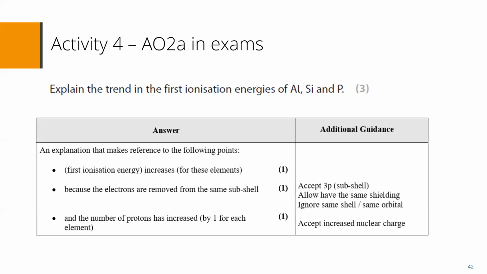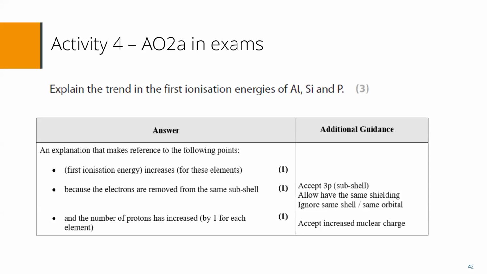So technically speaking, having the same shielding is not correct, which is why it's an allow and not an accept. It's where the examiners are being generous. Ignore same shell or same orbital.